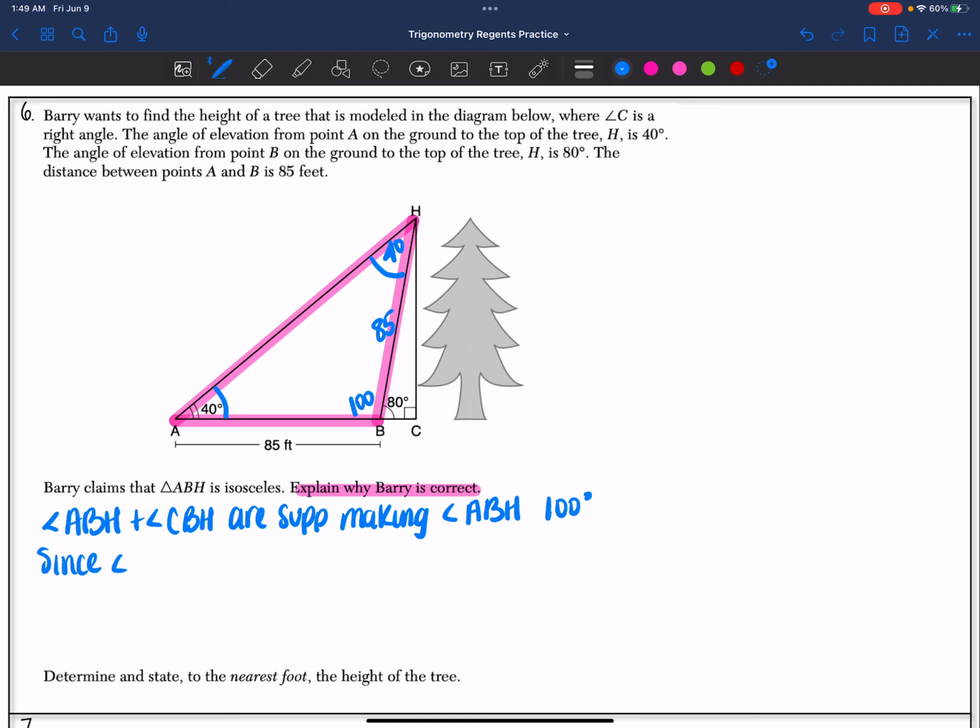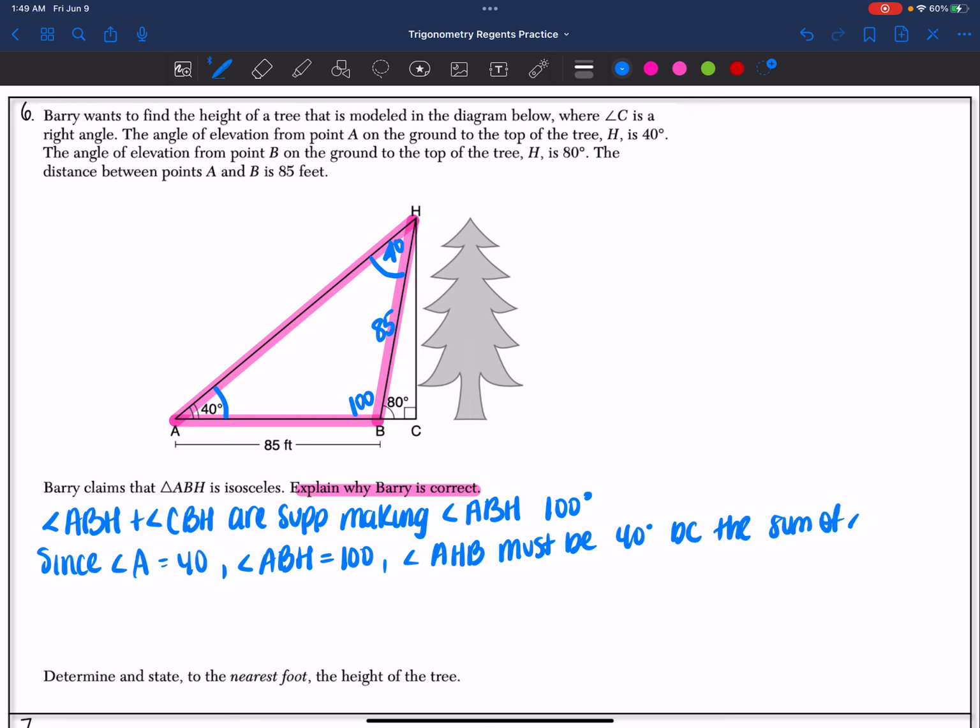Since angle A is 40 degrees, angle ABH is 100 degrees. Angle AHB must be 40 degrees because the sum of angles in a triangle is equal to 180.